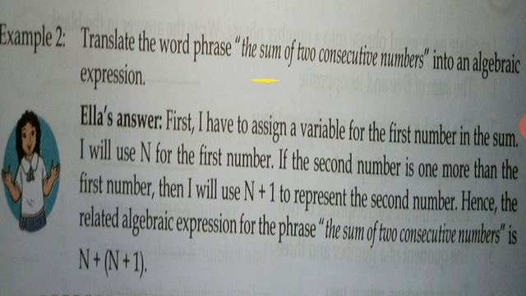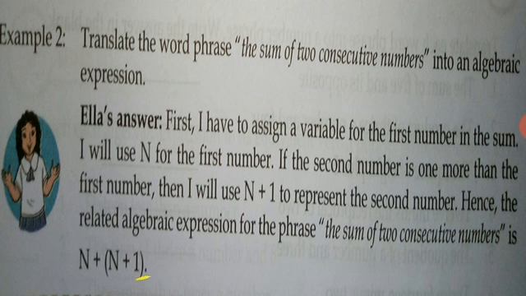Number 2 is the sum of two consecutive numbers. When you say two consecutive numbers, 1, 2, 3, 4, 5, 6, 7, 8, you're just adding 1 to the previous number. So you have to assign a variable to the first number in the sum. I will use n for the first number, and the second number is 1 more than the first number, so you will use n plus 1.